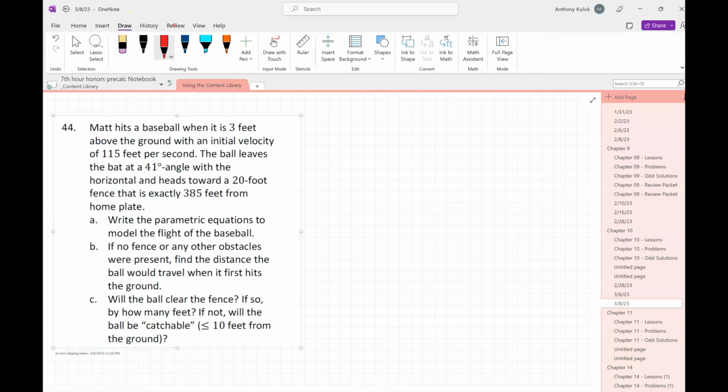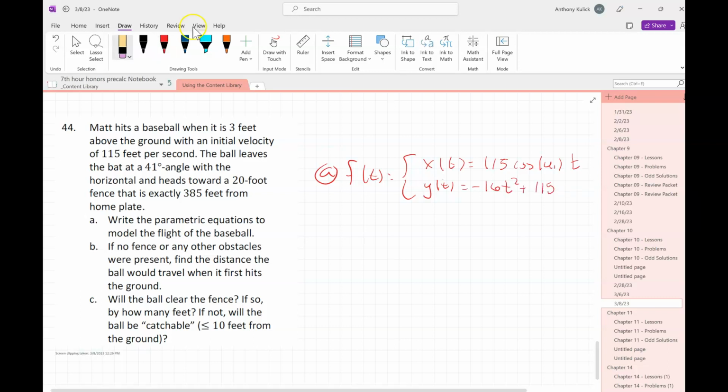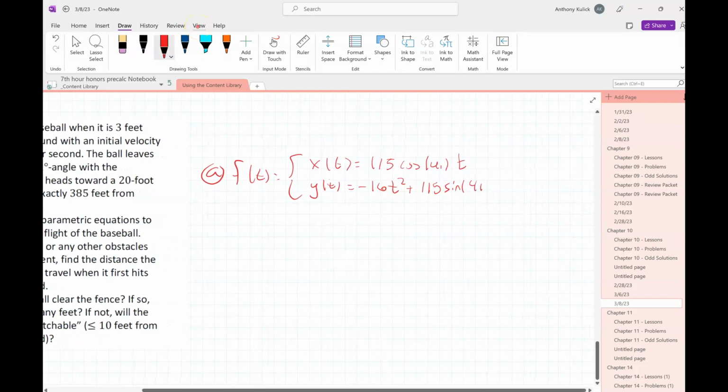So for part A, I write my parametric. Again, that's initial velocity times cosine of the angle, and then a t. For y, it's negative 16 t squared plus the initial velocity times sine of the angle, t, and then the initial height.